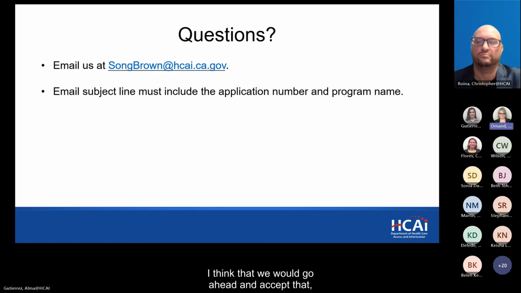I think that we would go ahead and accept that, but if you could please provide us with an email and a copy of that letter just so that we could take a look at it. I don't think that there's going to be any issues, but I just want to take a look at the letter before we definitively say yes that we'll accept this older letter.